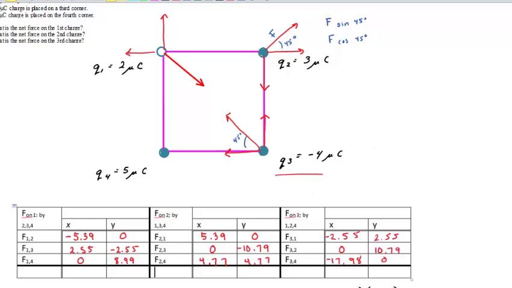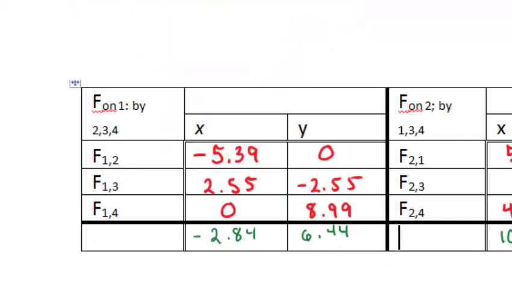Going back to our diagram, looking at those forces and saying, is it being pulled in the negative direction or pushed in the positive direction, or what's happening here? After we have all the x components and all the y components together, we're just going to add up our x and y columns.